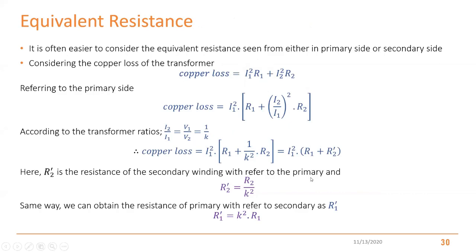The vice versa is also true. We can look from the secondary and get an equivalent resistance to the primary resistor. So you can interchange and transform from one side to another.